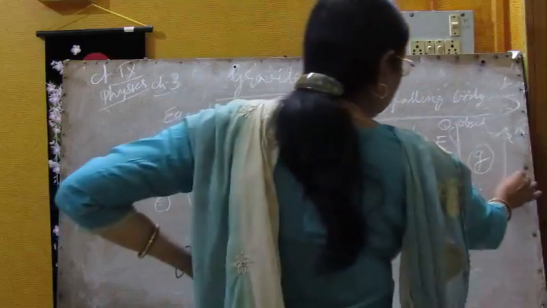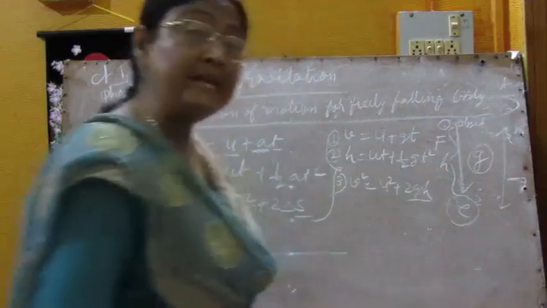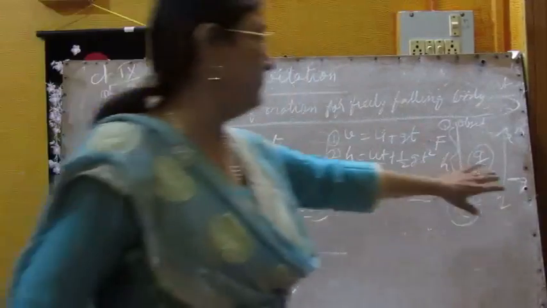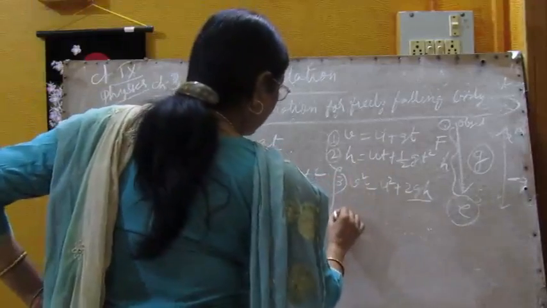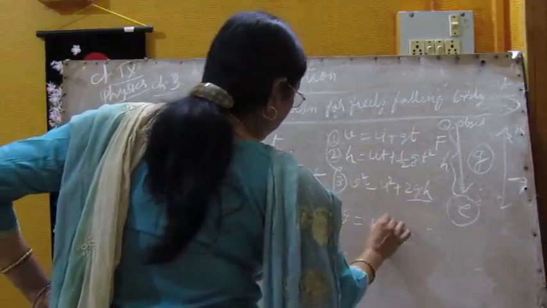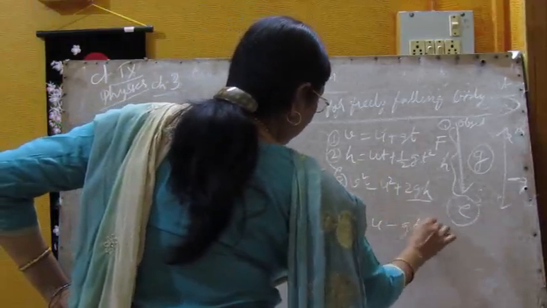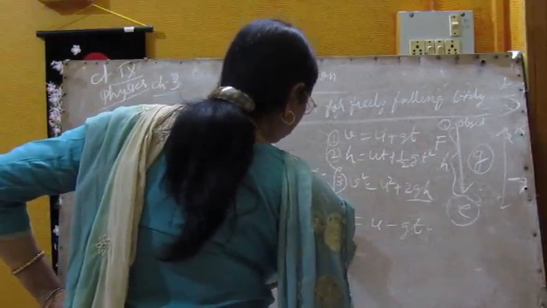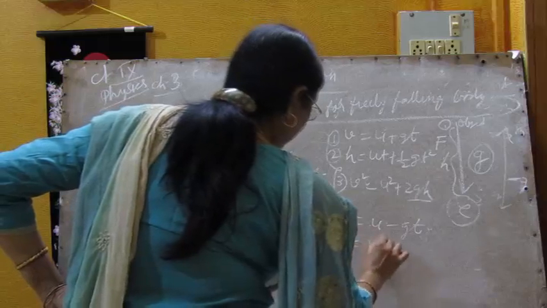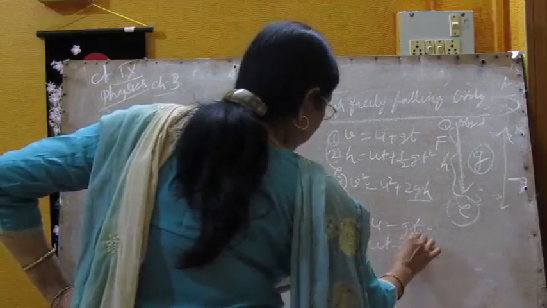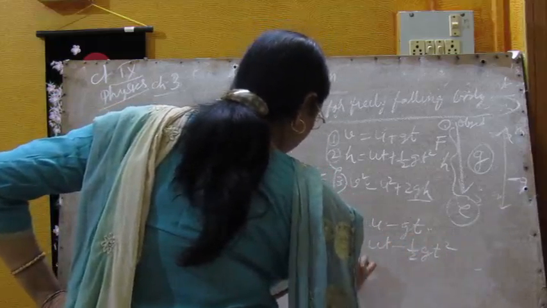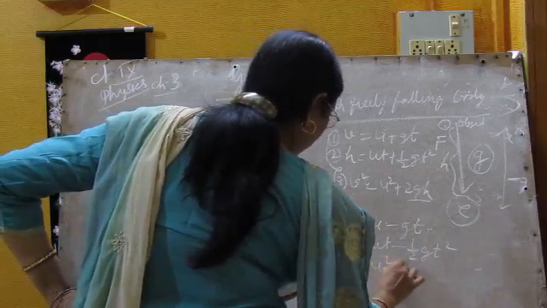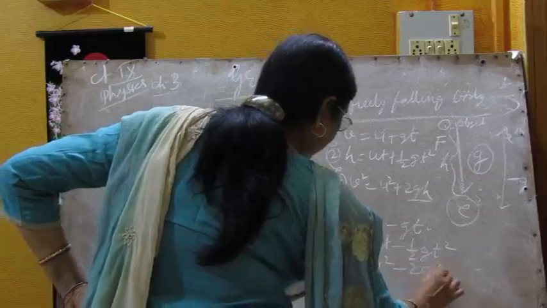In this case, the acceleration will be negative. G will be minus G, in the opposite direction. At that time the equations will change: V equals U minus GT, and H equals UT minus half GT square, and V square equals U square minus 2GH.